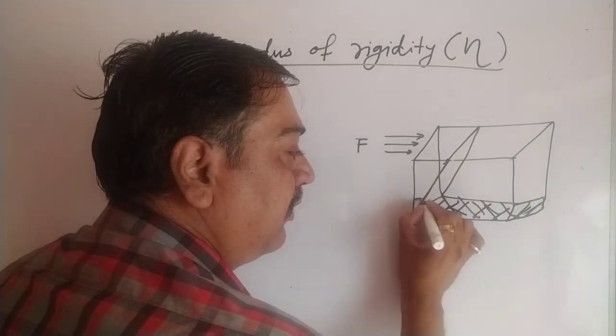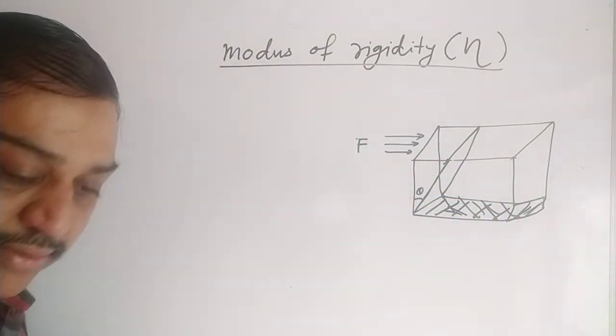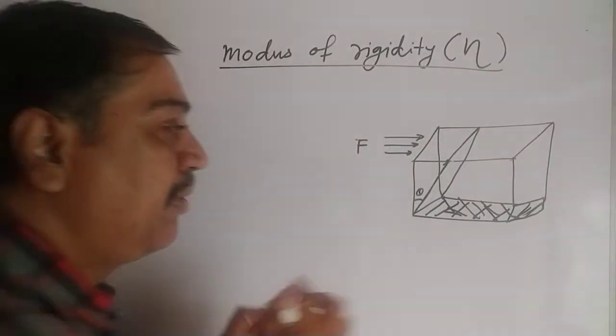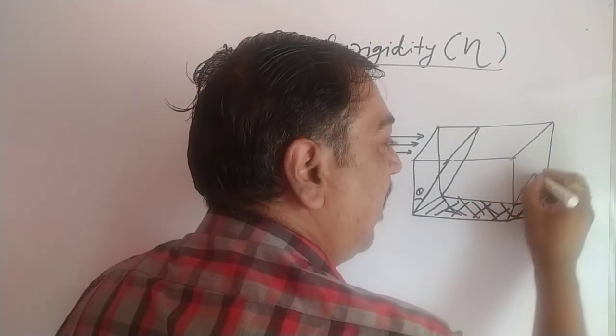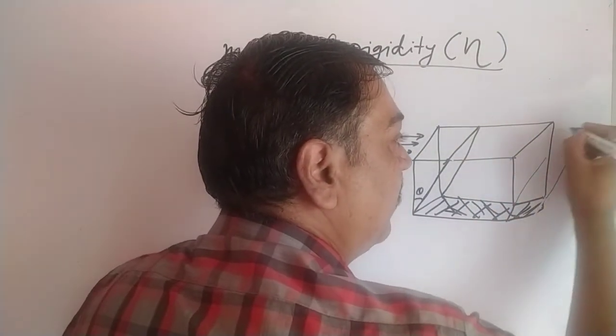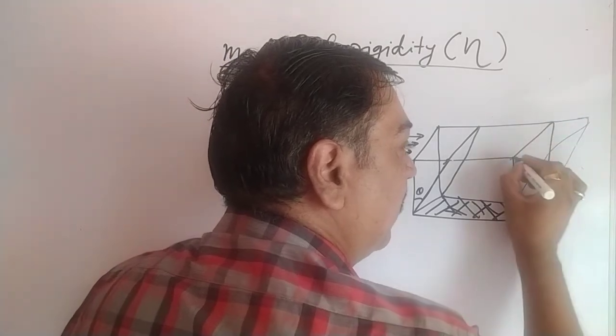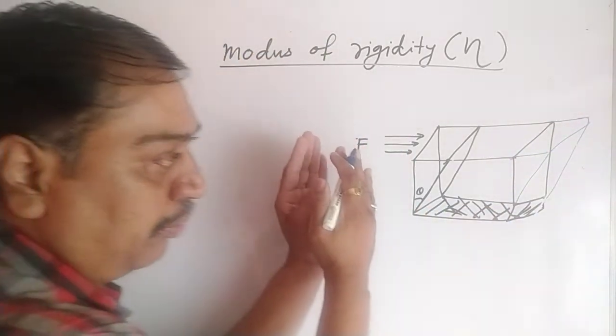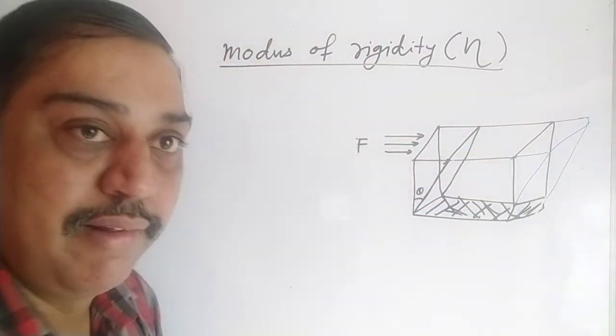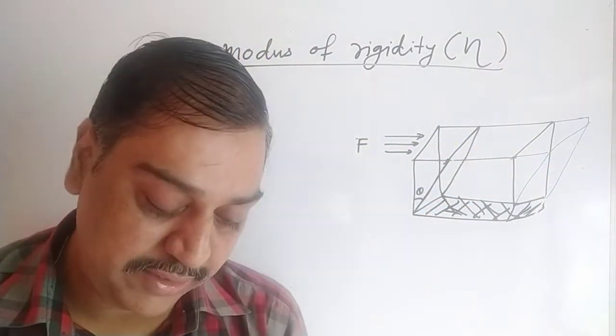This is the angle theta. We can write it like this, theta. And here, similarly, this place gets shifted backward a little bit like this. Then we can elongate it further and connect them like this. Such type of shifting, the block gets shifted to that side. That can occur when we apply such forces.